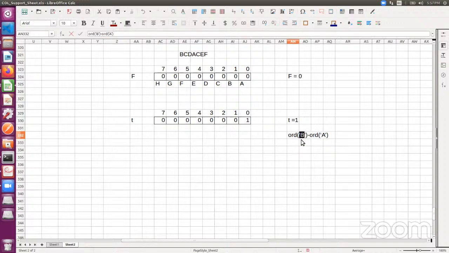Next time this should be C, next time D, like that, and this is the same ord of A. So these many number of times we have to do a left shift. So T equal to T left shift this value.